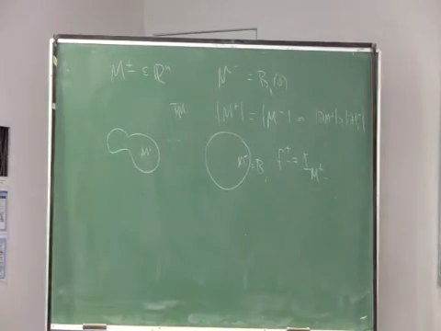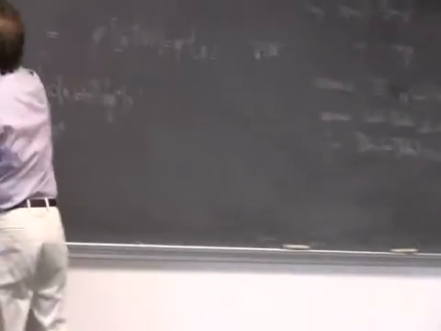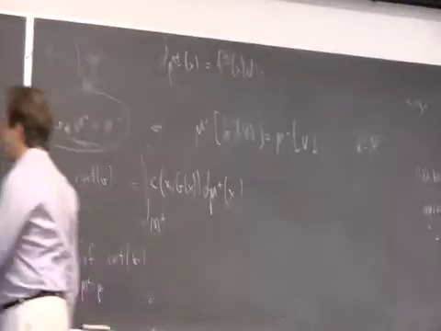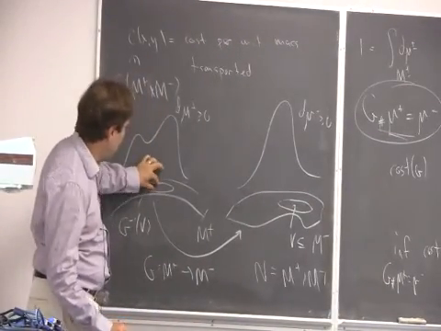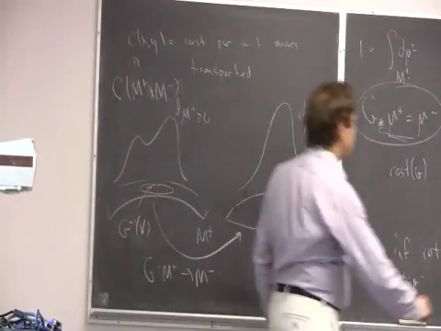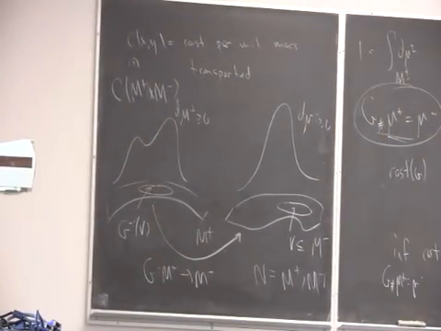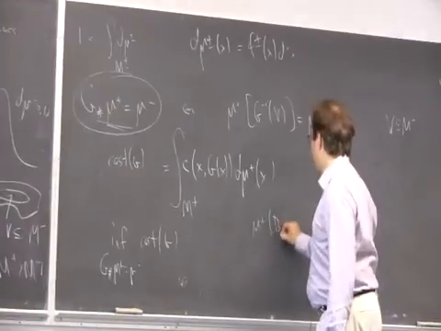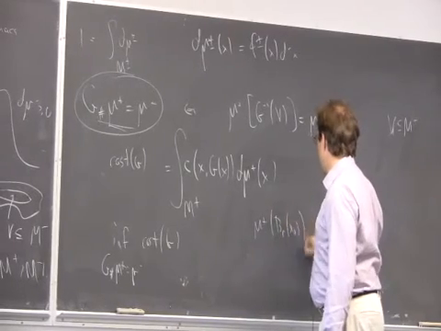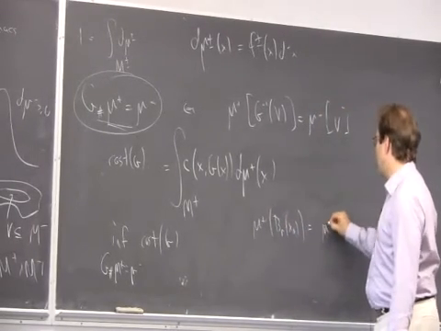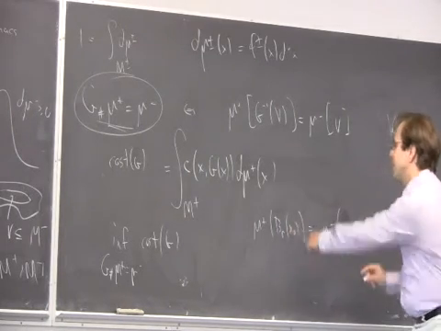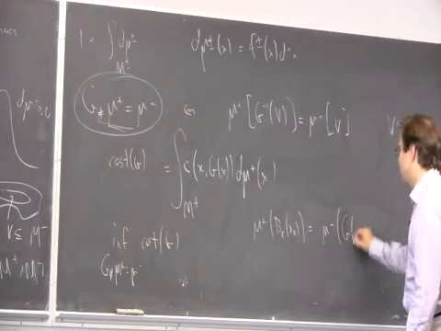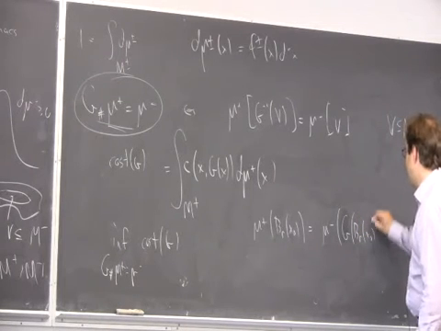And so let me see, what does this constraint mean? The constraint is telling me that if I took this to be a very small ball, if I localize this thing, it's telling me that mu plus of a small ball around some point x naught is going to be equal to mu minus of a small ball or an ellipse, the image of this thing, so let's say g of dr of x naught.